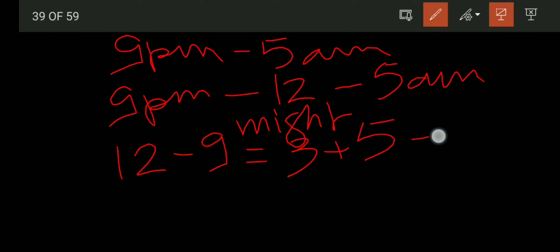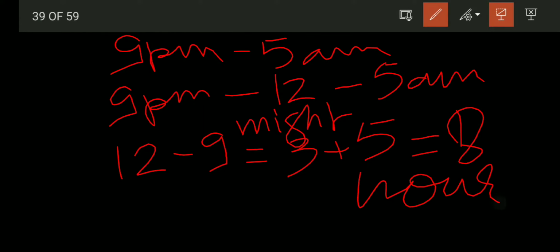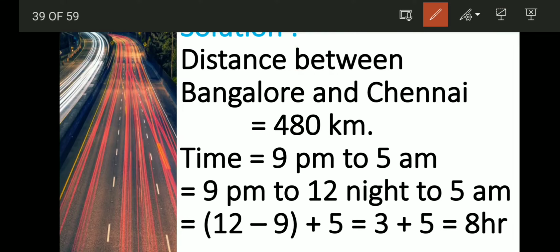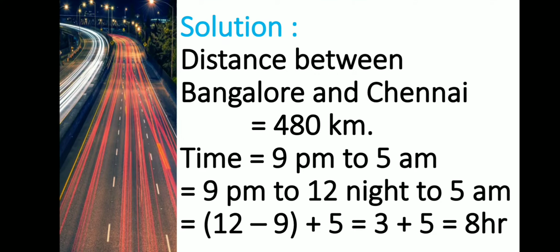So that is 8 hours. So total of 8 hours. Journey took 8 hours to reach from Bangalore to Chennai. So this is how we have calculated the time.